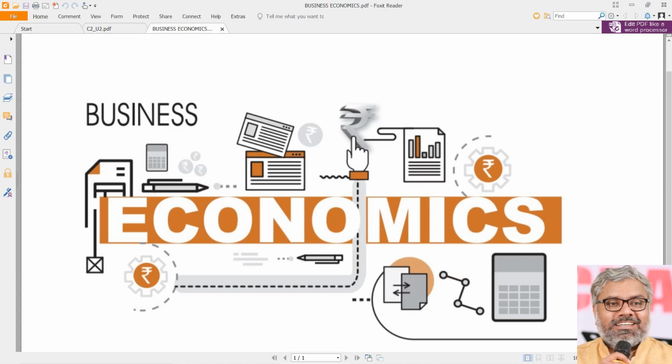In the earlier sessions, we discussed the cardinal approach of marginal utility analysis, including the theory of diminishing marginal utility and the theory of consumer surplus. After that, we started the discussion on indifference curve analysis, which is an ordinal approach where we don't quantify the satisfaction, but we can select combinations of certain goods which give the same satisfaction, and if they are plotted on a graph, that is called an indifference curve.